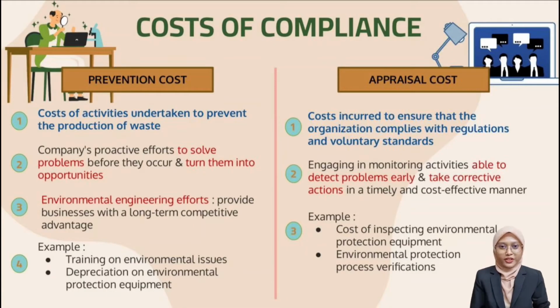Let's start with cost of compliance. The first one is prevention cost. What is prevention cost? It is the cost of activities undertaken to prevent the production of waste. The cost of prevention represents the company's proactive effort to solve problems before they occur and turn them into opportunities.